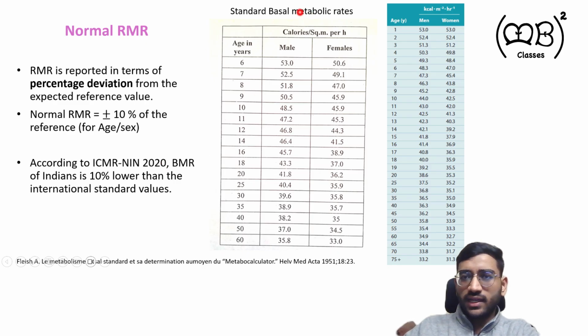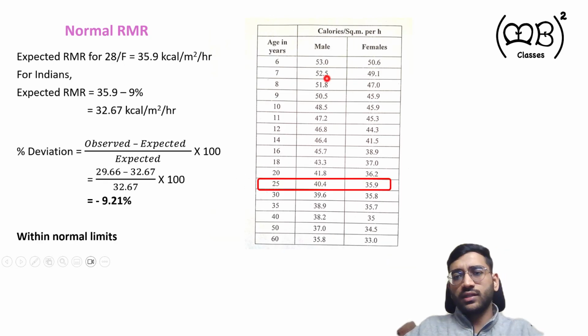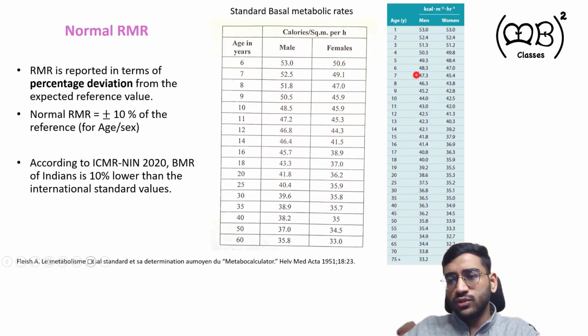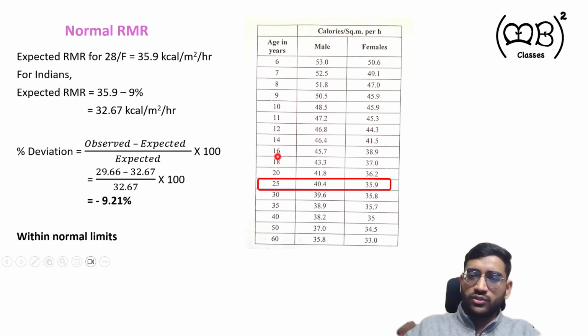So from these standard basal metabolic rate charts, we can calculate the expected RMR for a 28-year-old female. We get the lower value, which is for 25 years, not 30. We can also use these charts, which have a much larger range than the smaller chart, or we can also use a predictive equation.